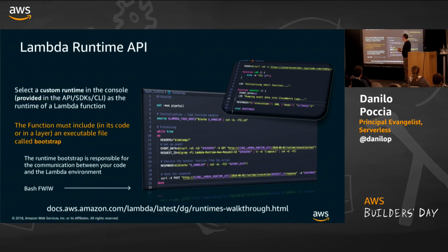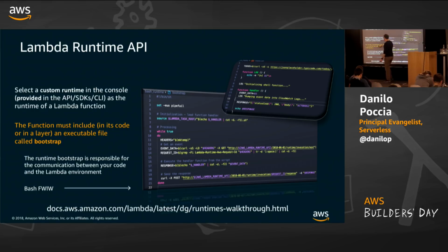And what happens is that the function, or any of the layers of the function, must include an executable file called bootstrap. And this is a fixed name. We will use this executable as an interface between the Lambda environment and your code in any language you want. So this executable is responsible for the communication between your code and the Lambda platform.